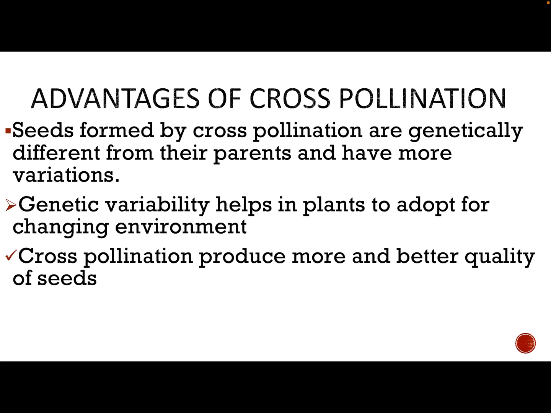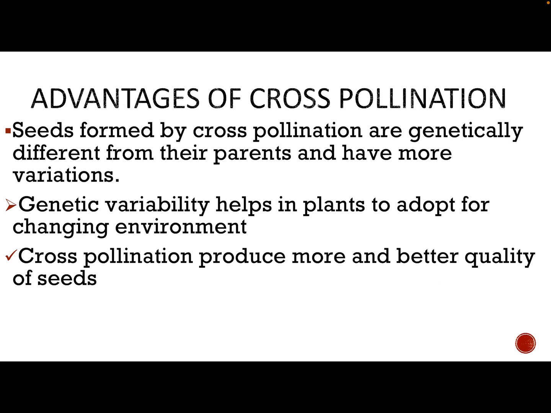If the environment is constant, then maybe the self-pollinating plants will have a benefit. But the environment is not constant. Some pathogen is coming, the climate is changing, global warming is happening. So the environment is changing constantly. For that, variation plays a very important role, and it also plays a very important role in evolution.